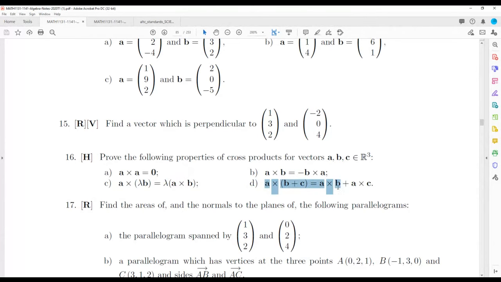And part D sort of tells you, well, you've got a distributive property with the cross product, so you can expand it like you would normally. Zach, so how would you prove it? How would you prove C? Okay, good question. So you could just do it using part A, but instead you would put something like lambda B1, lambda B2, lambda B3 in terms of your determinant, okay?